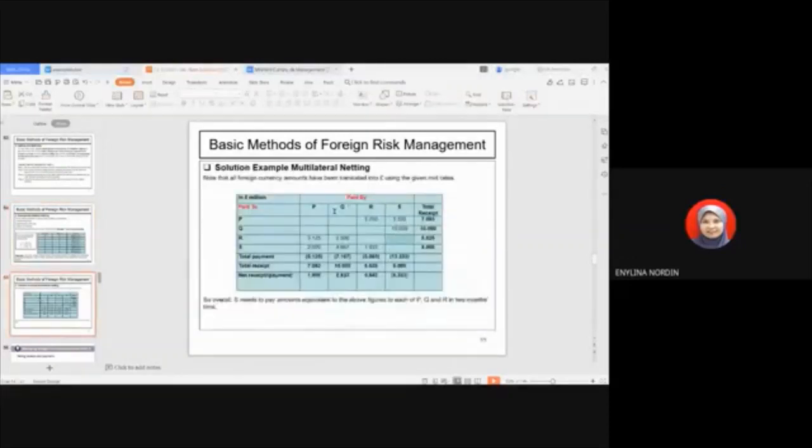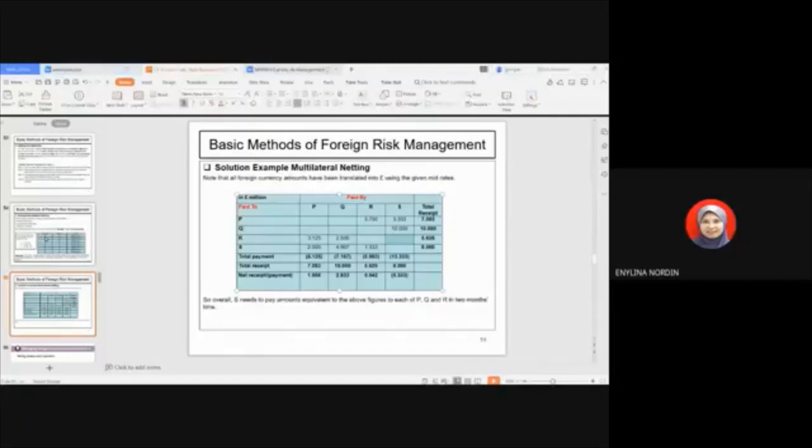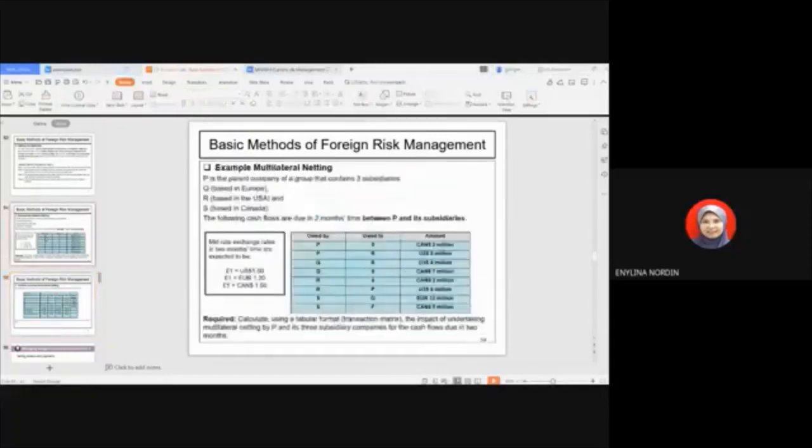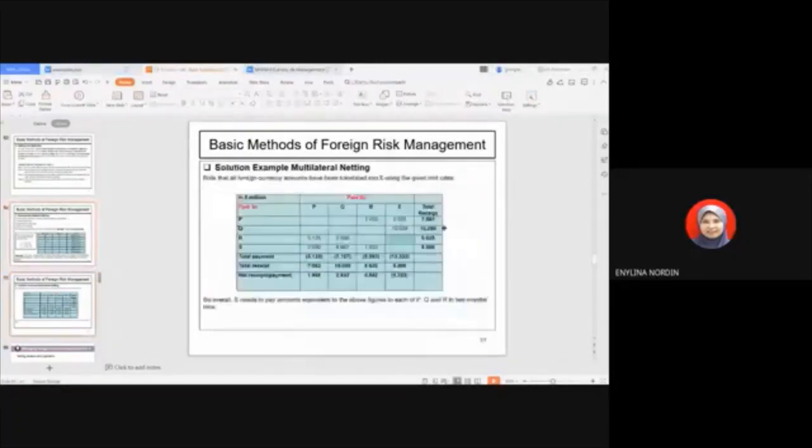Right, now we want to total up the amounts received by the parent, which is 7.083 million pound. So you do it horizontally. This is the amount that P received. And then this is the amount received by the subsidiary in Q, which is in what country? In Europe. So this is the amount received by the subsidiary in Europe, and we do it horizontally.